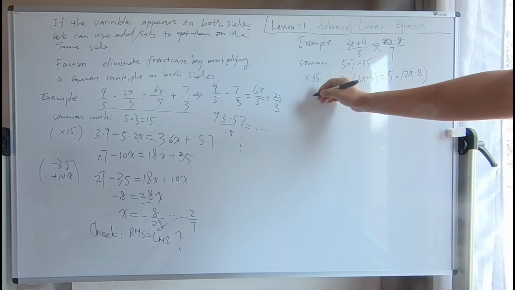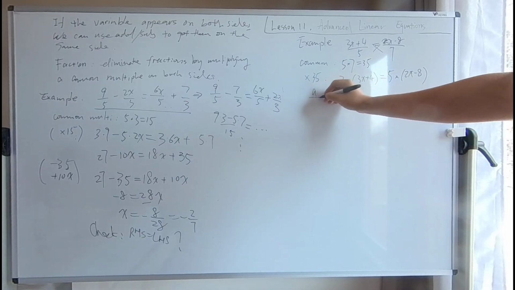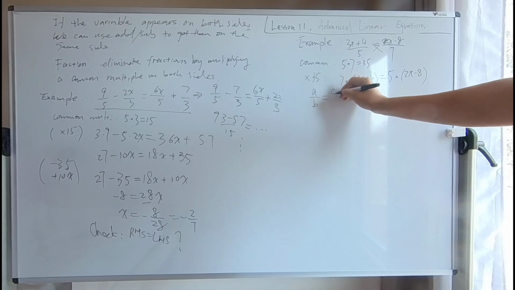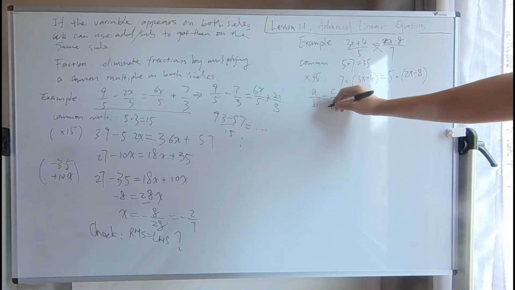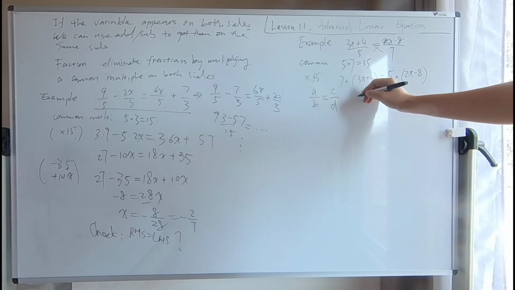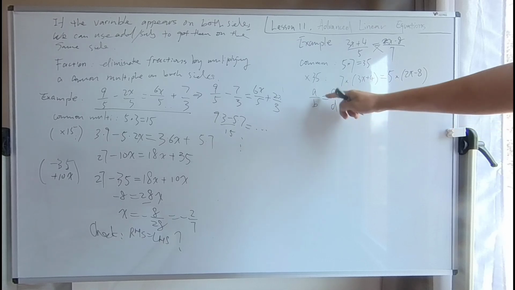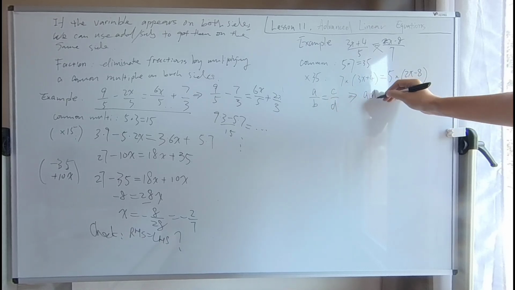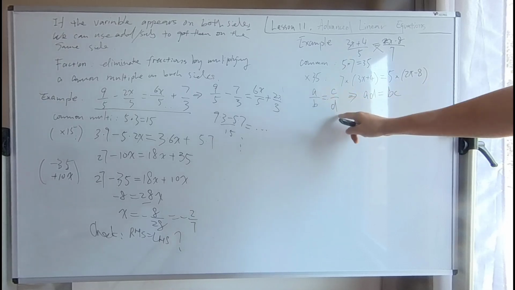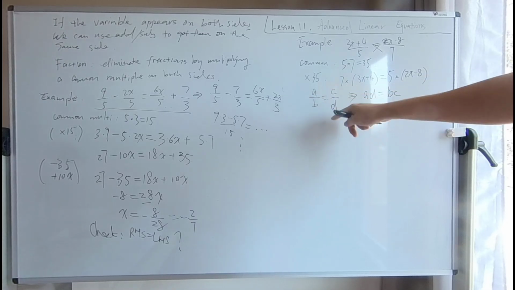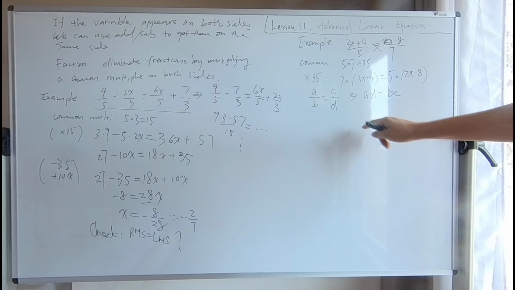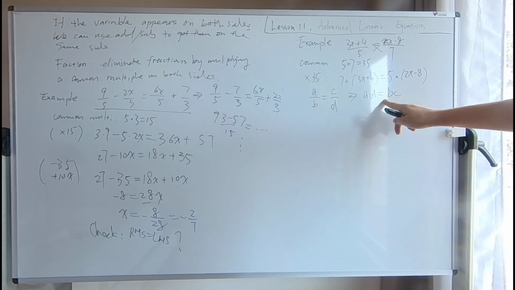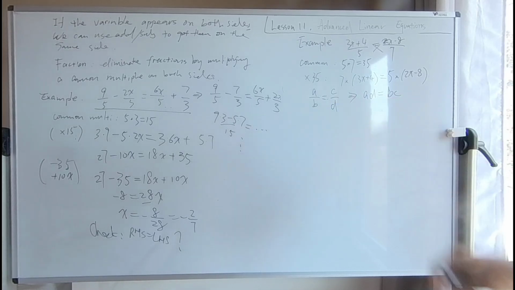So basically, if I have any form of A over B equals C over D, this can be converted to, or is equivalent to, AD equals BC. Basically cross product or cross multiplication, converting a fraction equation into a non-fraction equation.